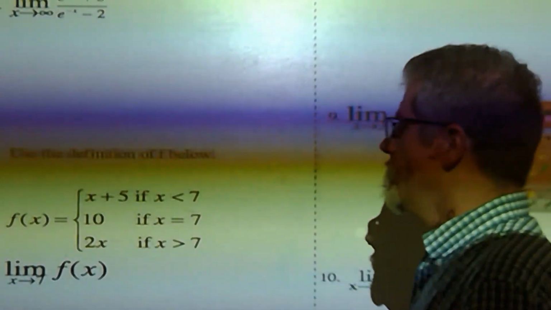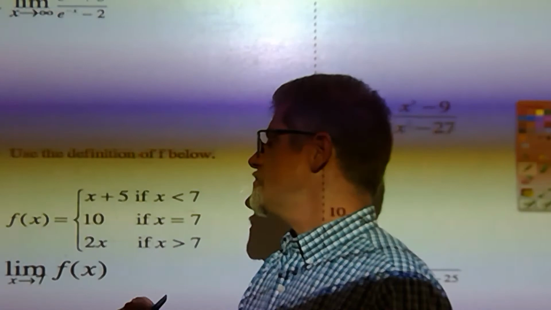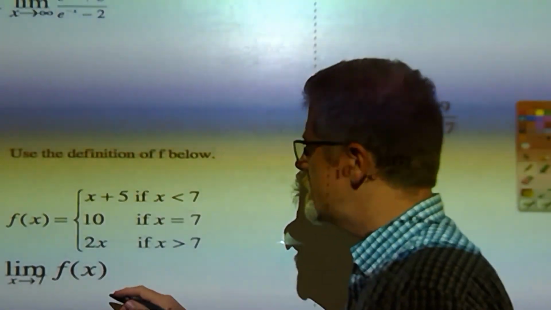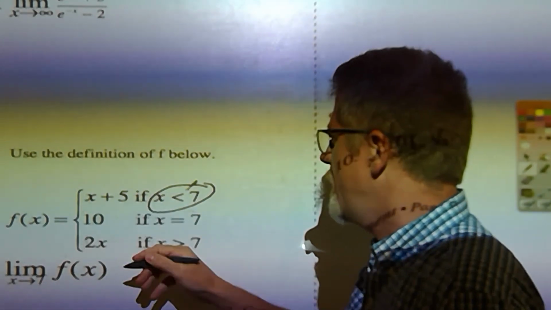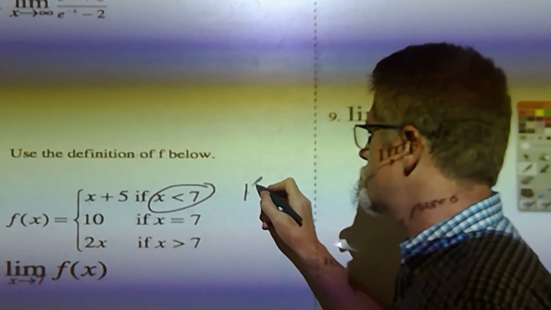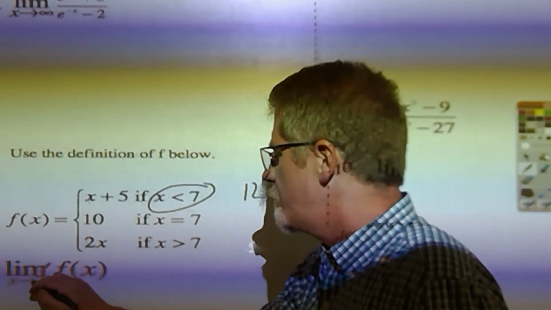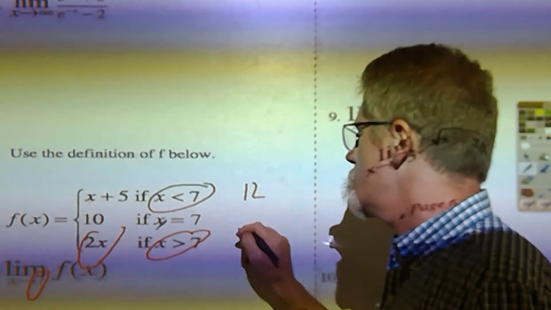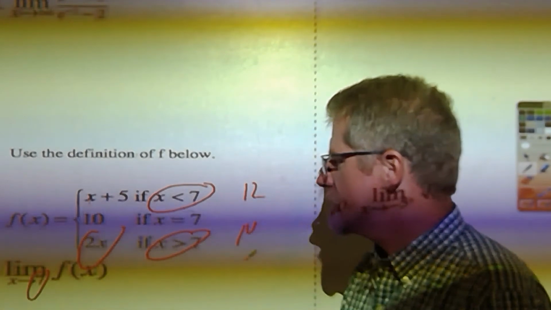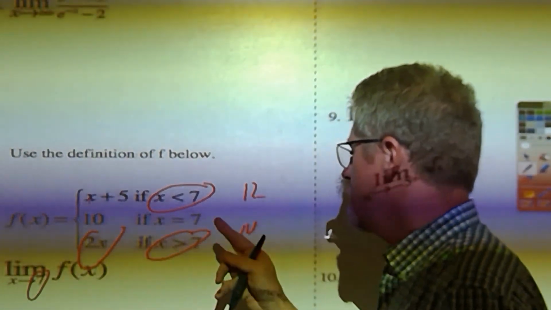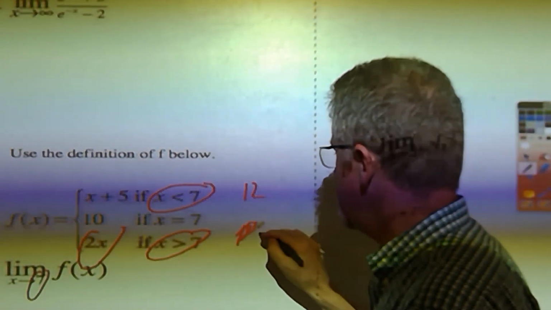The one I think would be most valuable to look at here is number 6. This is like a piecewise function. There's 2 pieces, but don't take the time to sketch the graph. Take the limit from the left, which is 7 plus 5 or 12. So the limit from the left is 12. The limit from the right is 14. So this is one of those where there's a jump in the graph. You can tell it's going from (7, 12) to (7, 14).